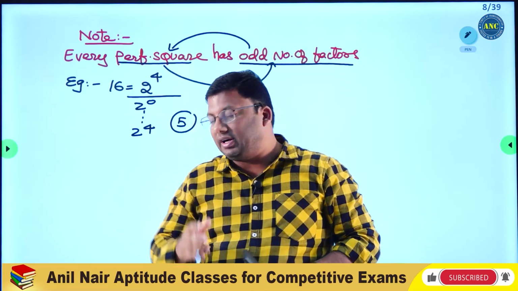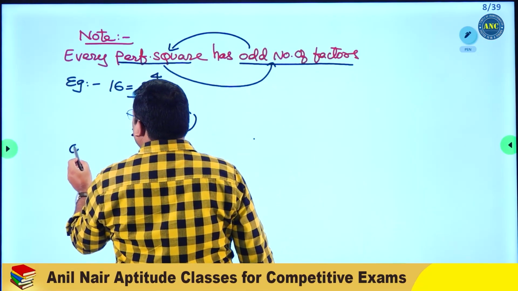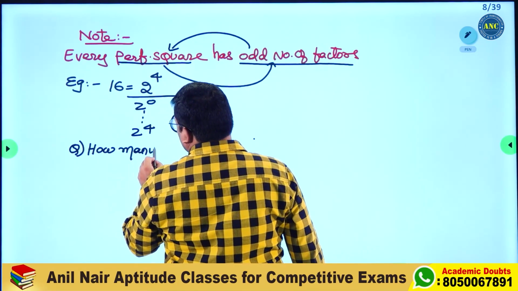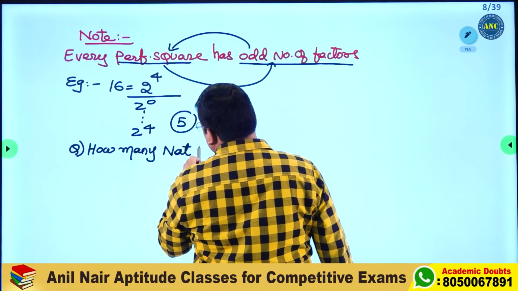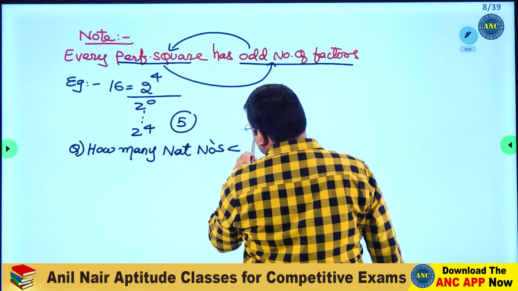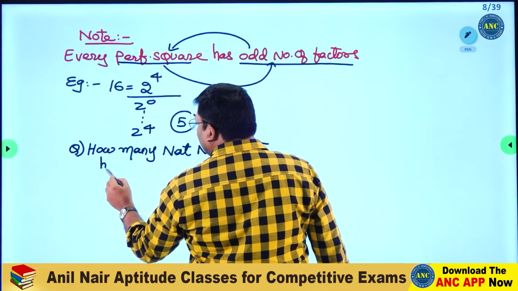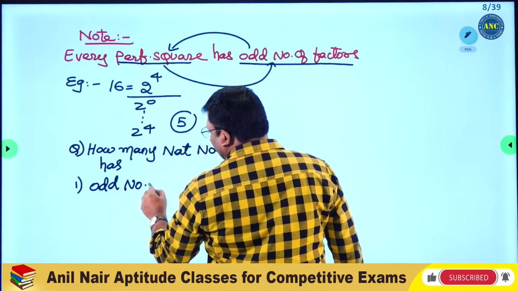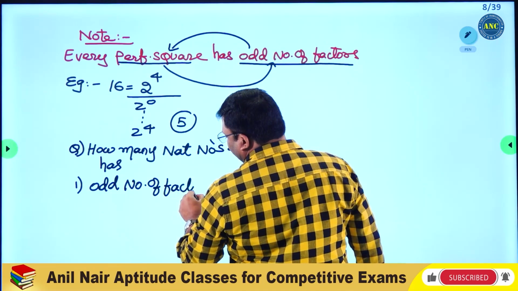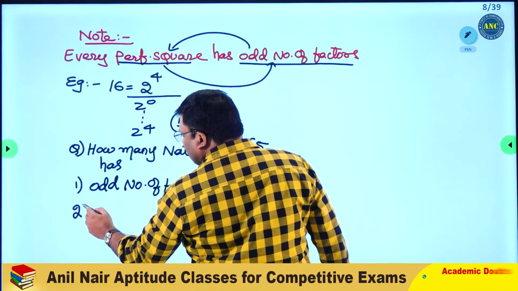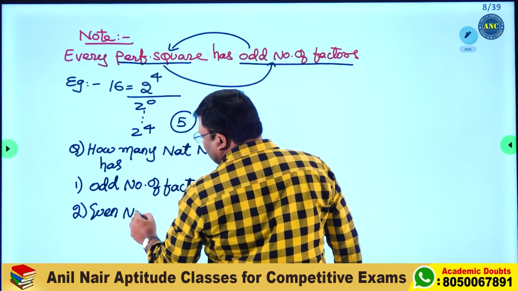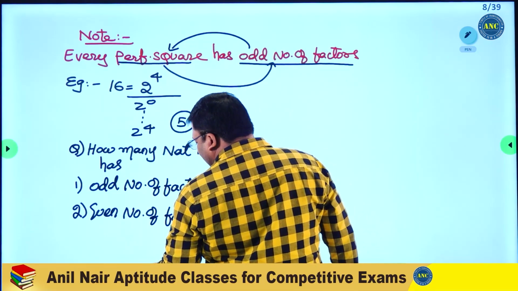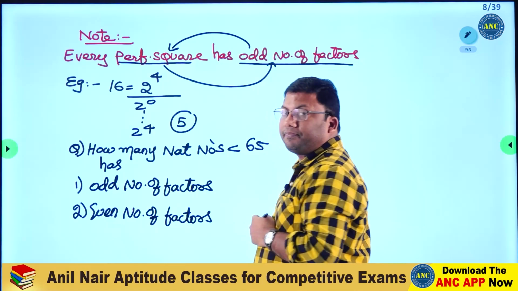Very, very important concept. Question: how many natural numbers less than 65 have an odd number of factors, and how many have an even number of factors?